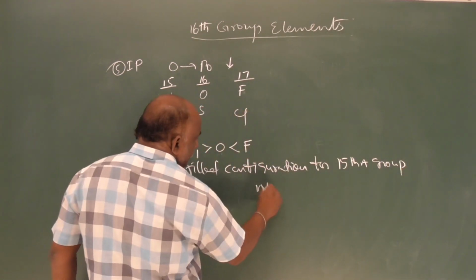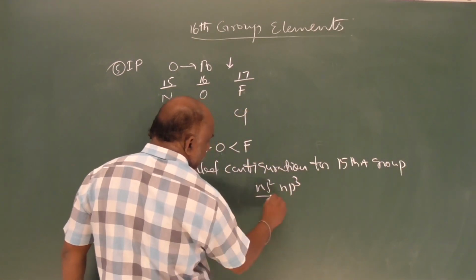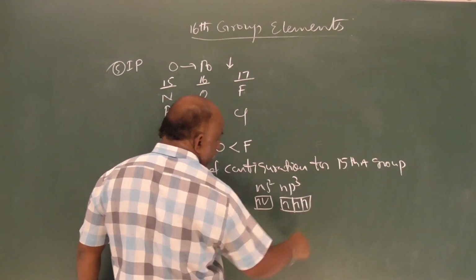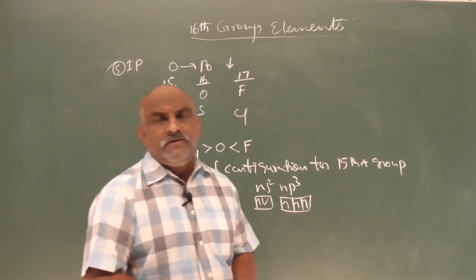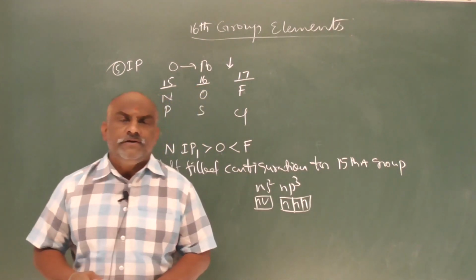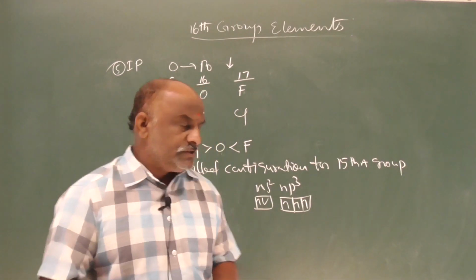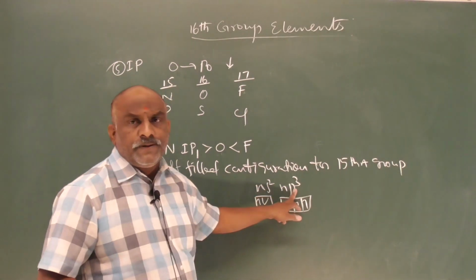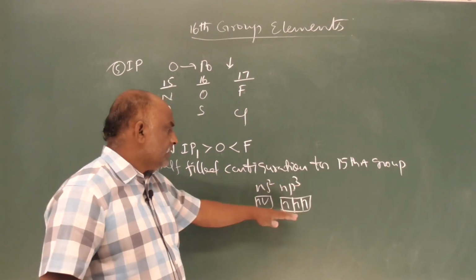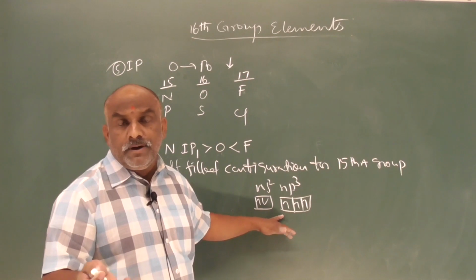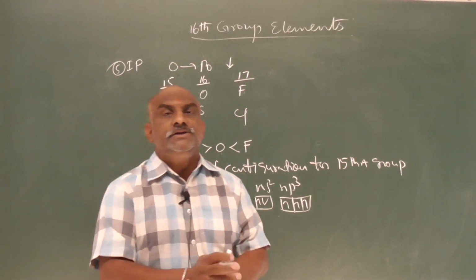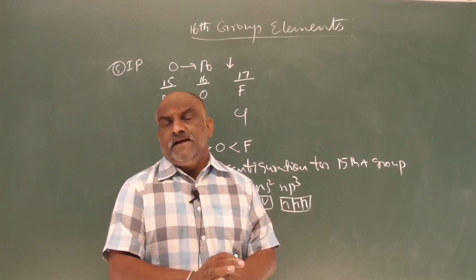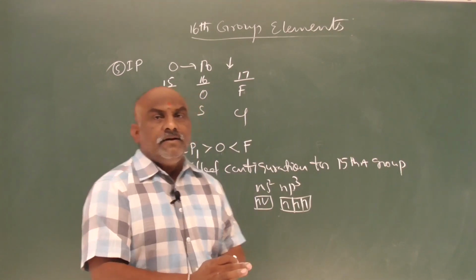Half filled means ns2 np3: the s orbital is completely filled and the p orbital is half filled. We already know that IP values are higher for full filled or half filled electronic configurations. So for nitrogen, the 15A group general configuration is ns2 np3. Half filled electronic configurations are more stable compared to partially filled electronic configurations. Due to that reason, the oxygen ionization enthalpy value is less than the adjacent group.